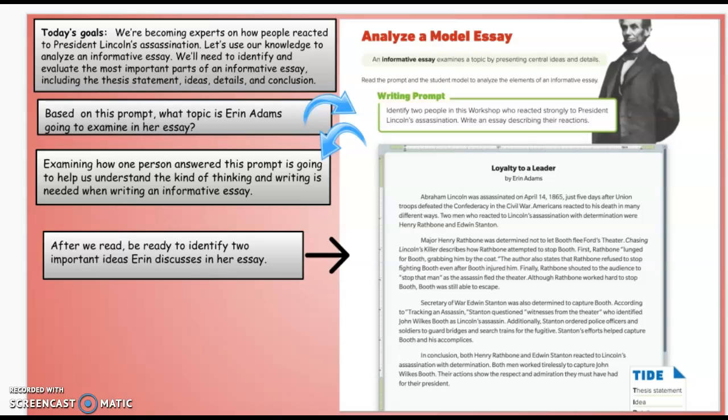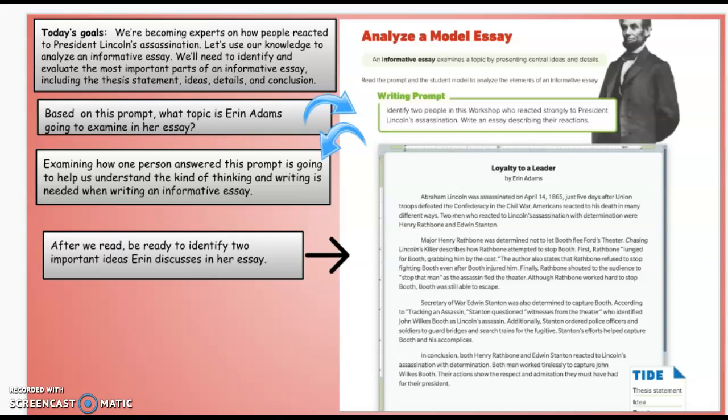And you'll notice we're going to change this up a little bit. If you look forward in your real book, the next task would have been to have you write your own informative essay. We are going to just analyze this model essay for now, and we're not going to write the informative essay.